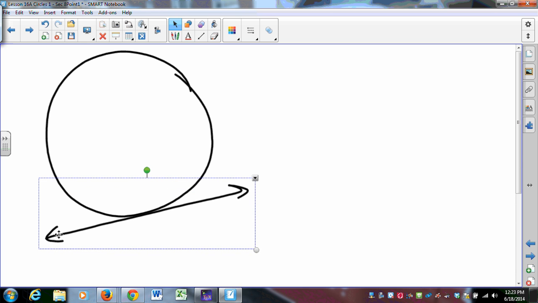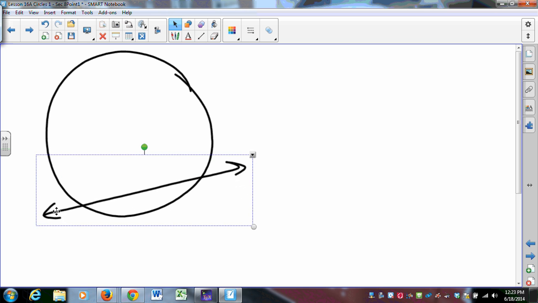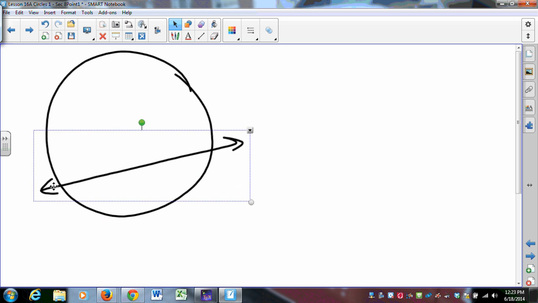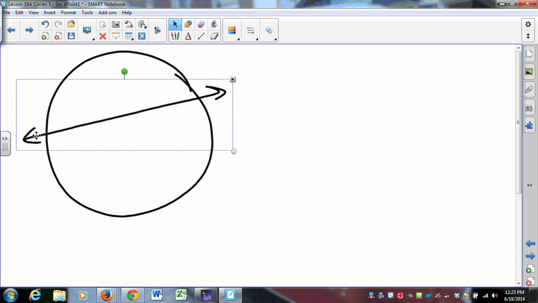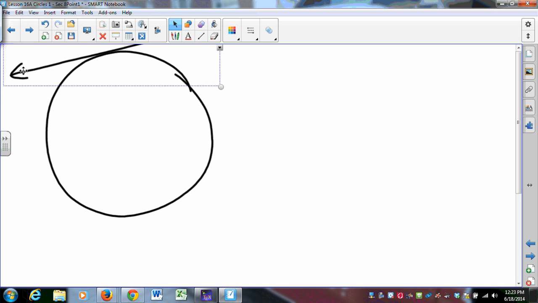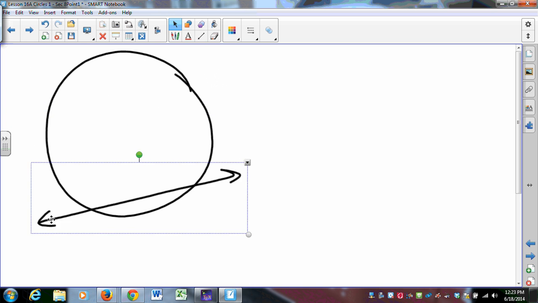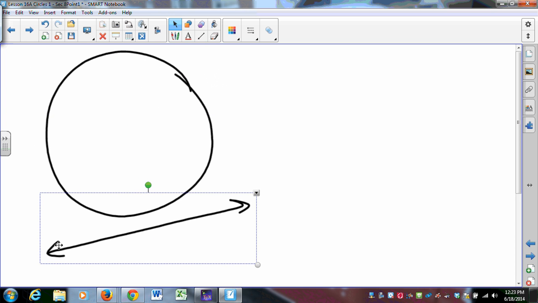There could be one point of intersection, or there could be 2 points of intersection, but no matter how we go, there are only going to be 0 or 1 or 2 points of intersection. That's all there are going to be ever. 0 or 1 or 2. That's it.